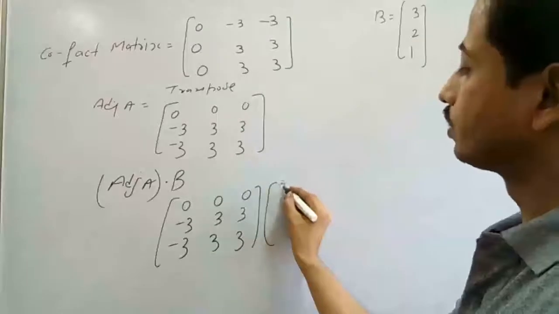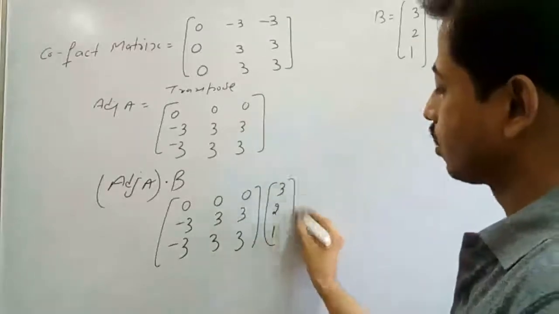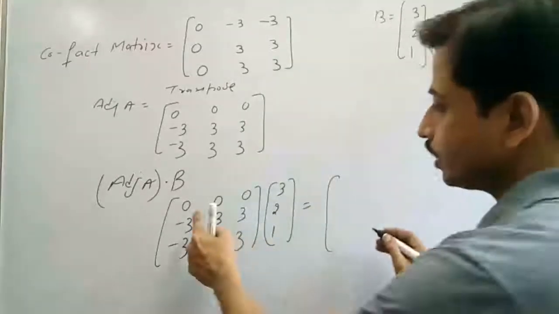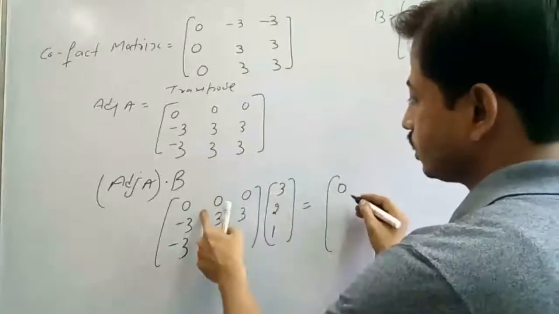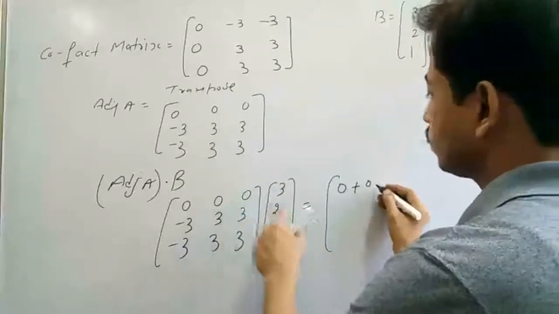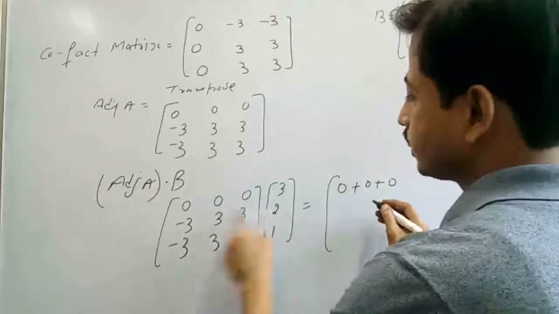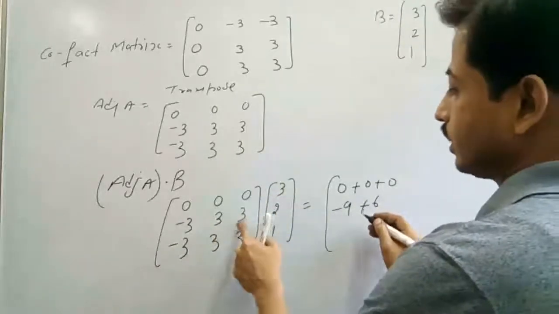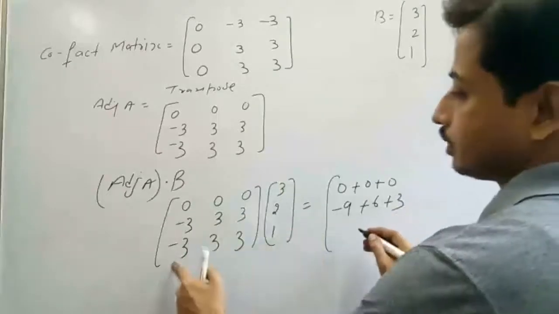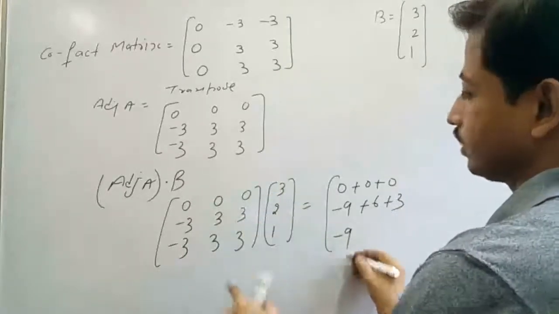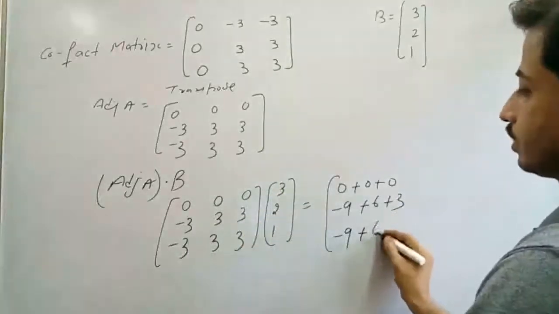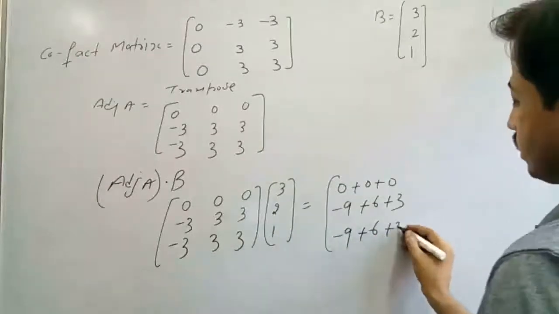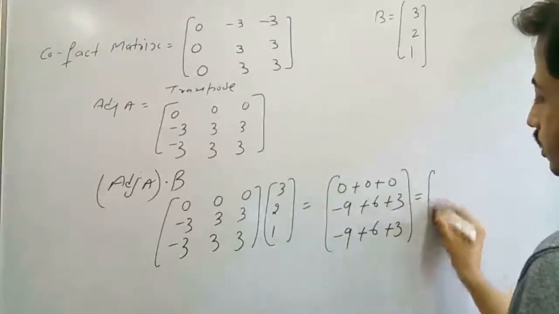B is 3, 2, 1. Now multiply. 0 into 3, 0; 0 into 2, 0; 0 into 1, 0; minus 3 into 3, minus 9; 3 into 2, 6; 3 into 1, 3; minus 3 into minus 3, minus 9; 3 into 2, 6; 3 into 1, 3. So solve this.